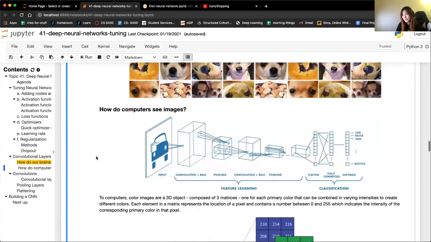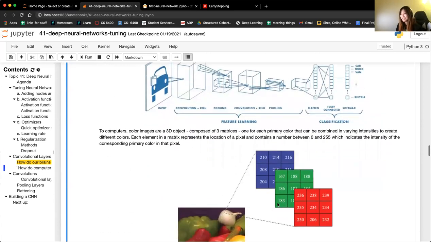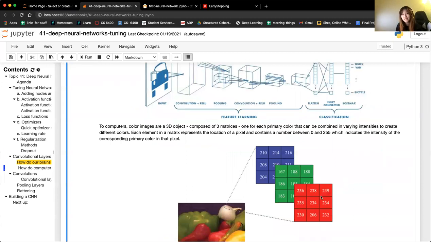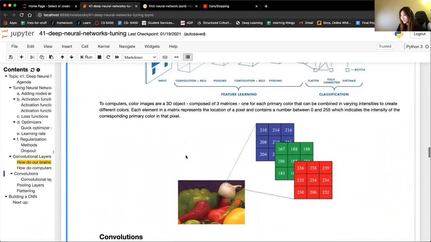But think about how computers see images. They see them as numbers, as tensors or matrices. To computers, every color image is a 3D object, or a tensor. It's composed of 3 matrices, one for each primary color, that can be combined in varying intensities to create different colors.